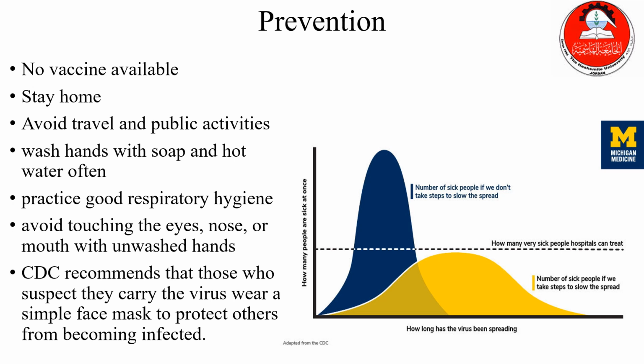Because, for instance, in Italy, the number of patients with COVID-19 was so overwhelming to the health sector there, and as a result, they were selecting patients based on their severity of symptoms and based on their age.